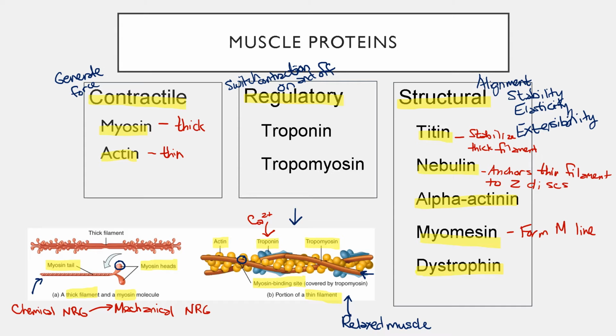So really, in simpler terms, what dystrophin does is that it links the sarcomere to the sarcolemma.